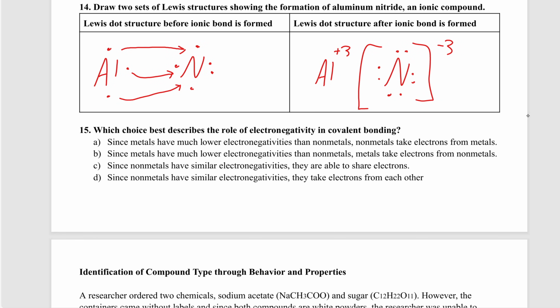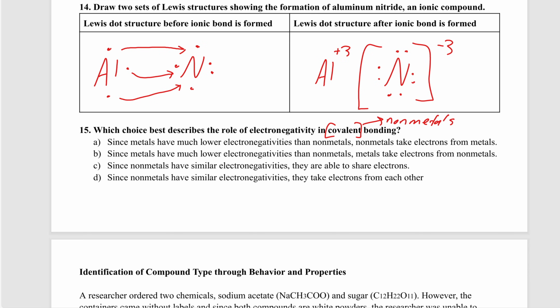Which choice best describes the role of electronegativity in covalent bonding? So covalent bonding, right, that's nonmetals. And it's covalent. So co means like cooperate, coworker, together. Valent is valence electron.